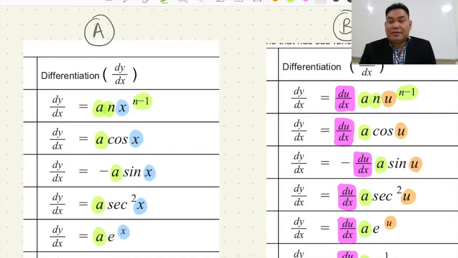They must be constant. So two differences between the differentiation equations of formula group A and formula group B. The first one, formula group A contains the variable x, whereas formula group B uses u, which is a function of x, and another one, formula group B must be multiplied with du dx.